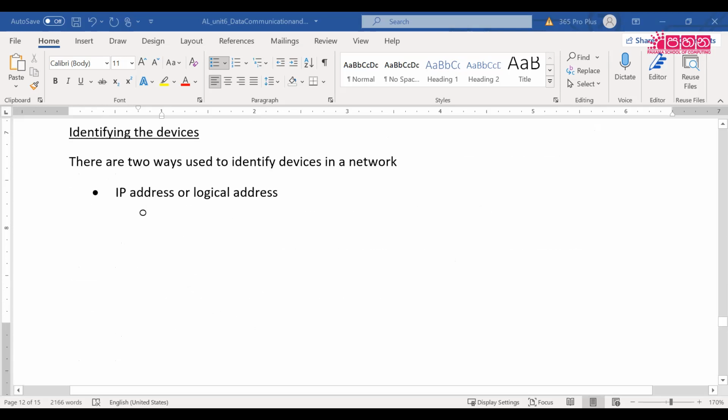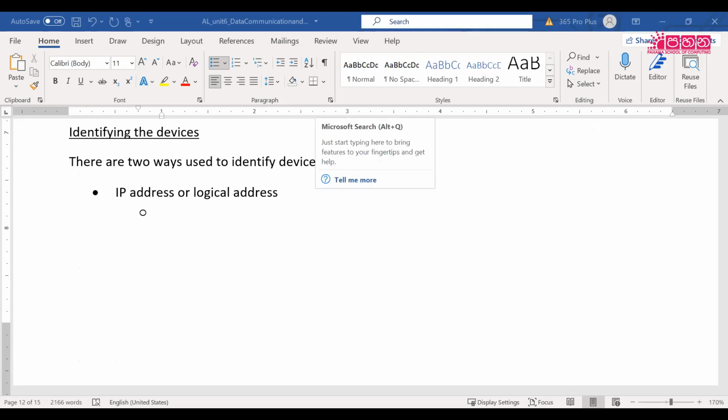The second thing we would like to discuss is identifying the devices. There are two ways of identifying devices. The first one is the IP address, which we have already discussed earlier. In an IP address, there are four numbers which can be used to uniquely identify each of the machines in a network.